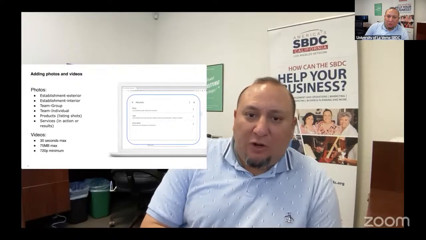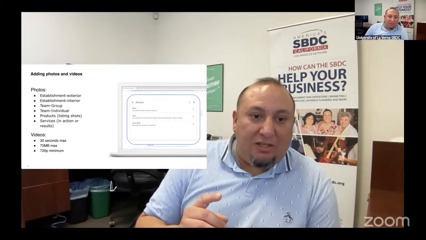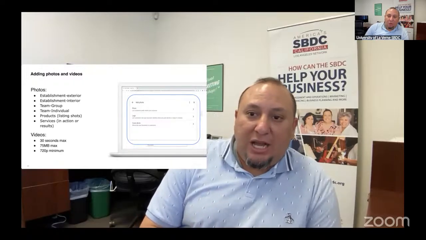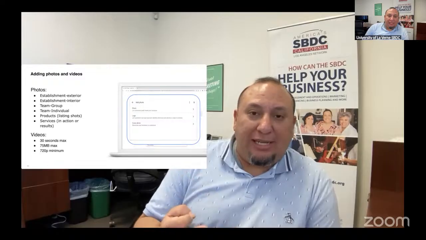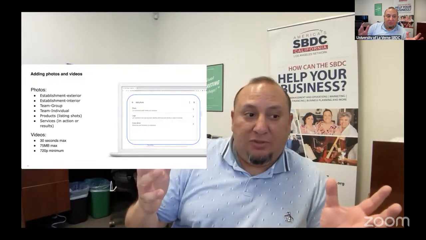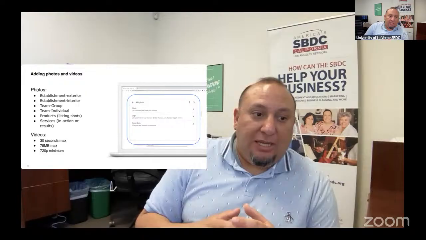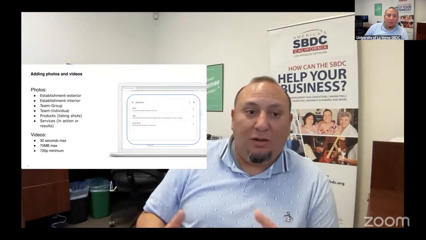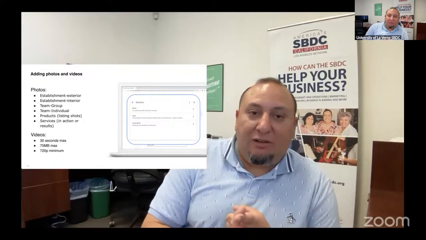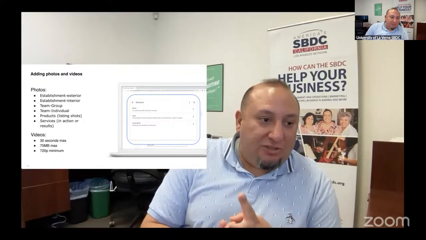So with photos and videos, you want to have a certain amount of photos. When we went into the audit, it did say you want to have 3 establishment photos, either in the interior or exterior. If you have a big place, you might want to have more, but bare minimum, you want to have stuff on the inside, pictures of the outside.